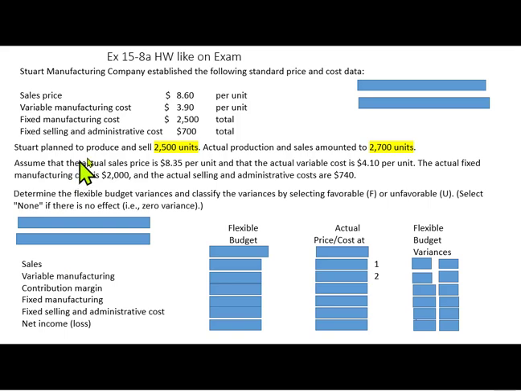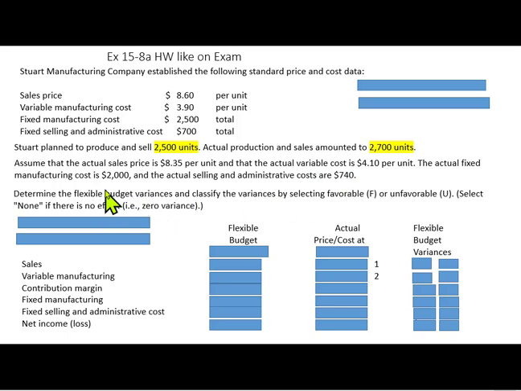So Stewart planned to produce and sell 2,500 units, but actual production and sales amounted to 2,700 units. So we sold and made 200 units more than what we planned to. Assuming that the actual sales price was $8.35 per unit and that the actual variable cost is $4.10 per unit, the actual fixed manufacturing cost were $2,000 and the actual selling and administrative costs were $740.